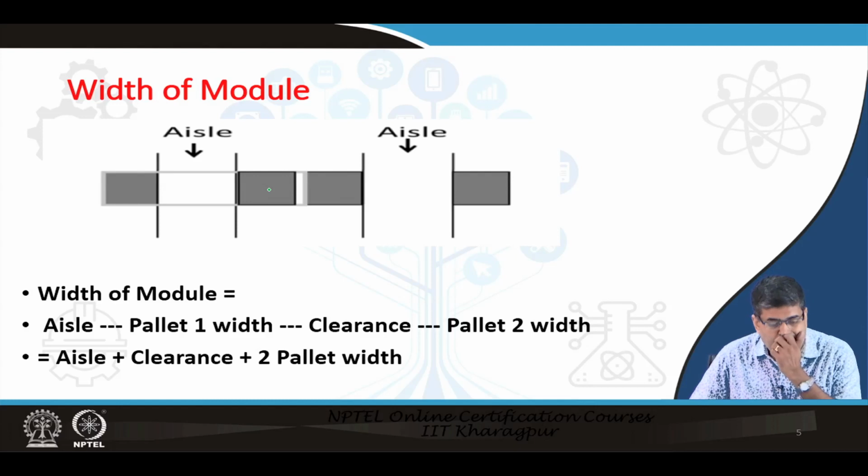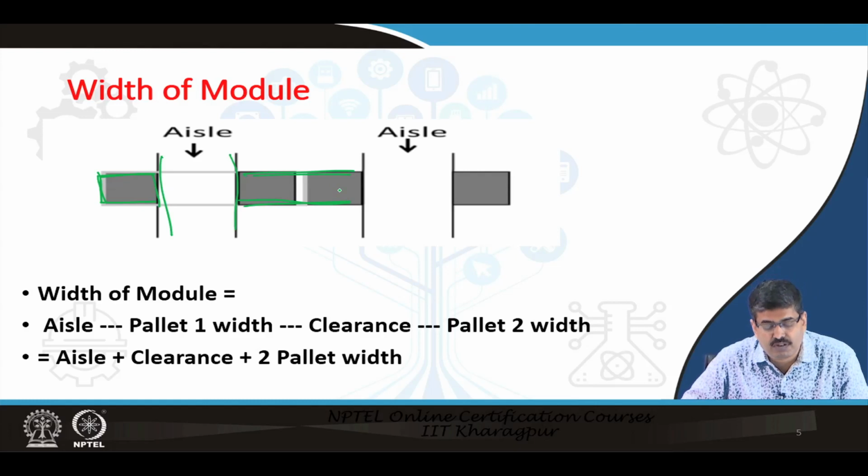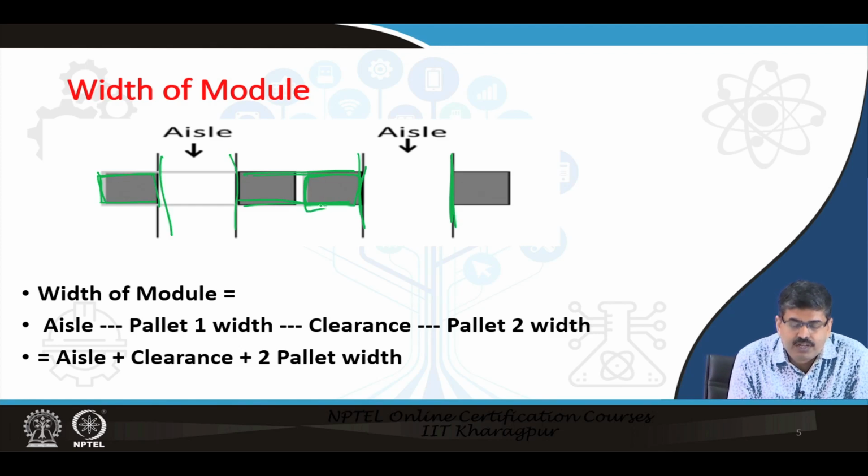Width of the module basically means, listen very carefully, here is one carton or one pallet. Here is the passage which we call an aisle. Now, here is a rack, just like we have bookshelves in our houses, and here is another aisle. So, I will put one carton or one pallet here, leave a little bit of a gap, and another pallet on this side.